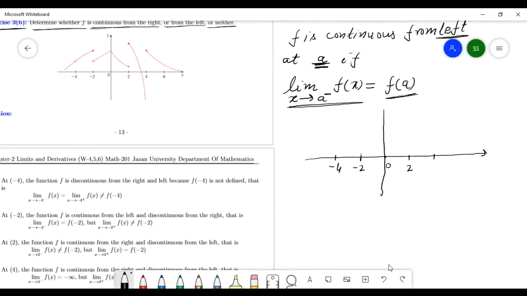This is 4. And this is 6. So let me write here also. This is 2. And this is 4. This is 6. This way.